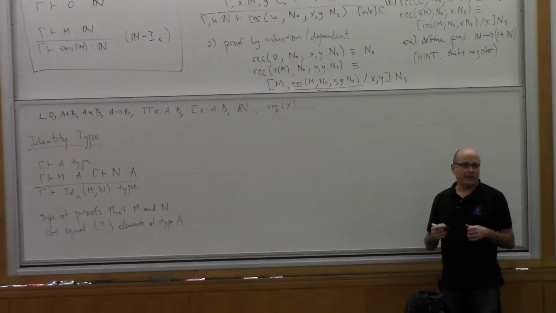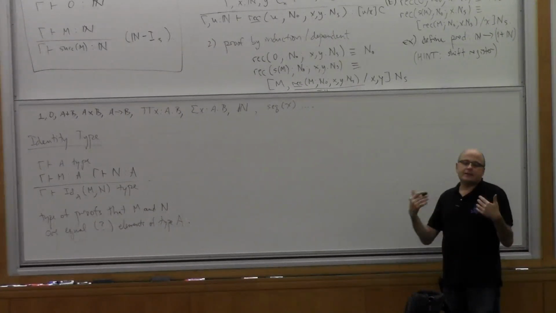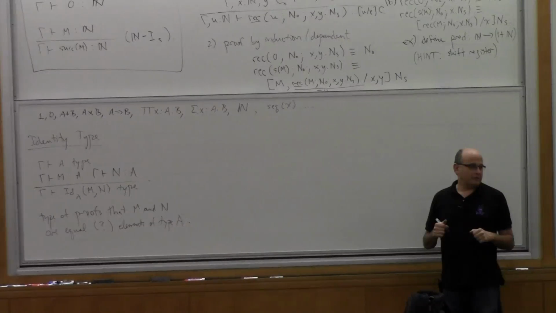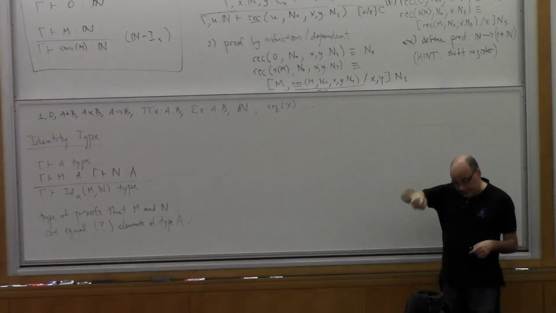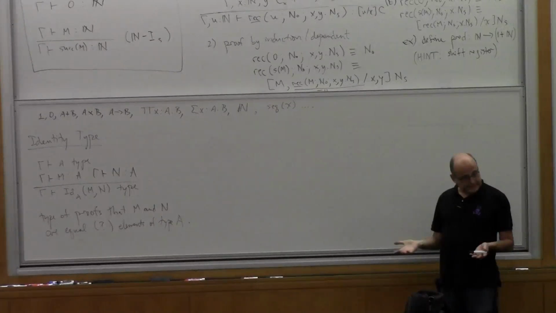In the same way that when I define the natural numbers, I say it's the least type containing zero and closed under successor. I'm going to say it's the least type containing reflexivity. Or another way of saying it, it's the least reflexive relation, the smallest reflexive relation. It's the diagonal, right? If you admit only the diagonal and nothing else, then you've got the identity, right?